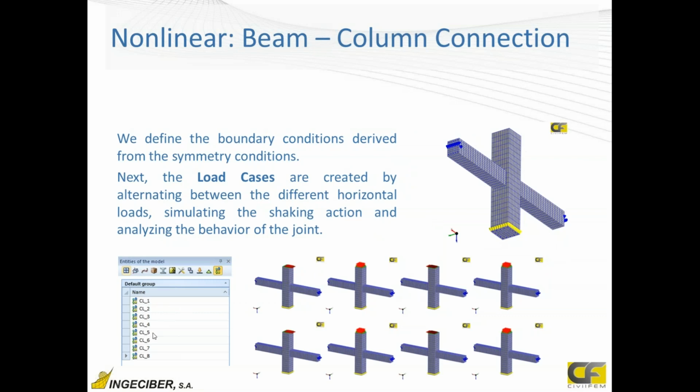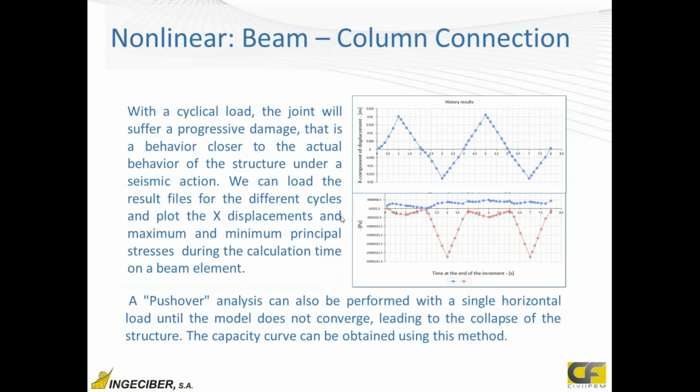We will perform many different load cases with different directions and loads, one for shear and one for axial, to perform the shaking action of the force. With this cycling load, the joint will get progressive damage, similar to the behavior of the structure under seismic action.